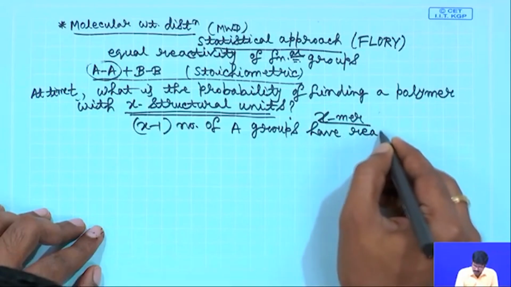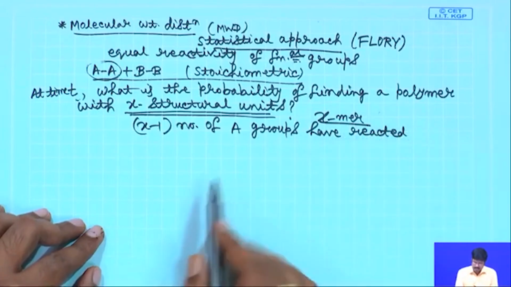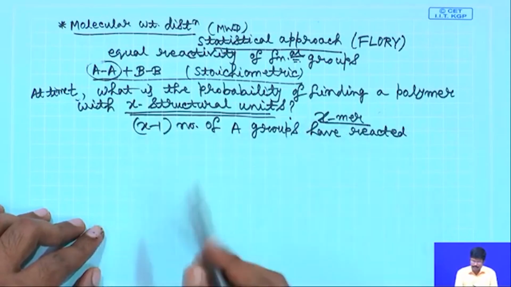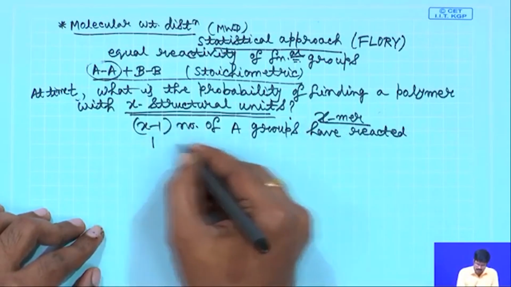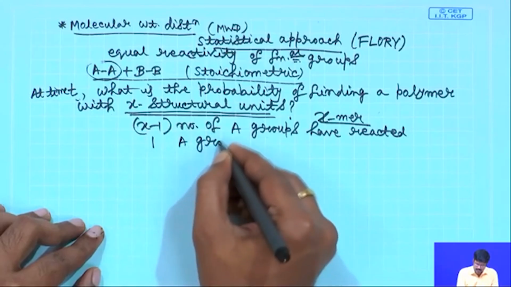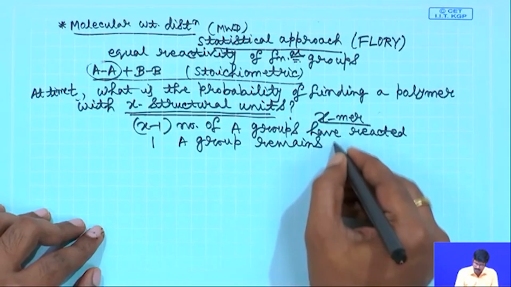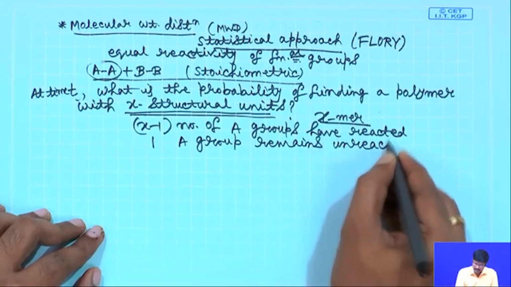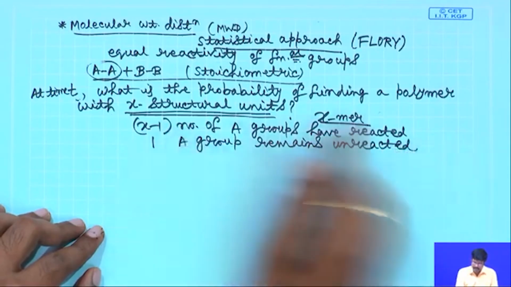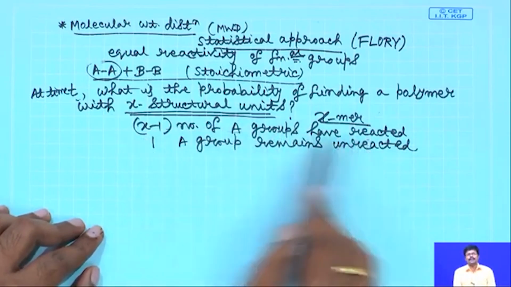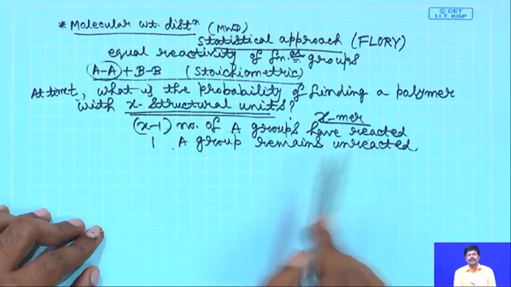So, in the formation of the x-mer, x minus 1 number of A groups have reacted and 1 A group remains unreacted.